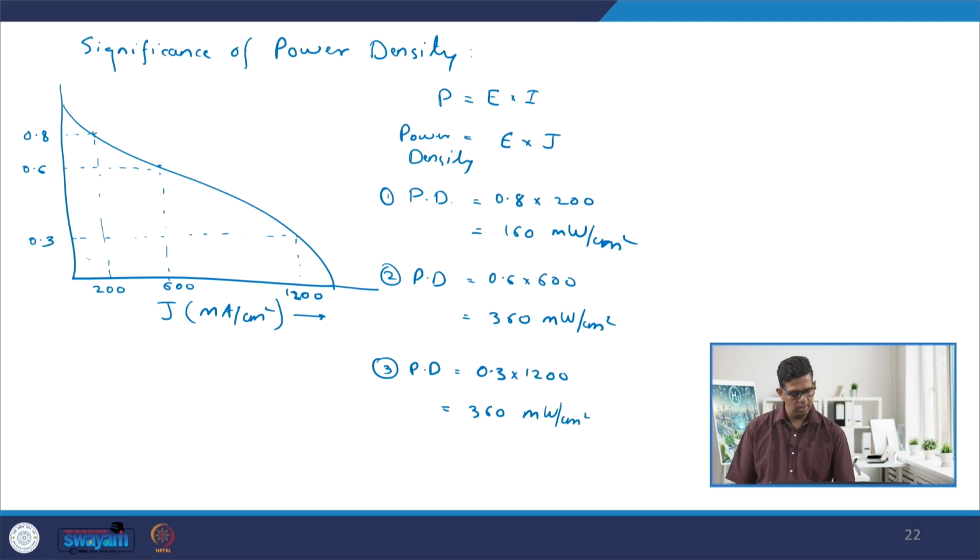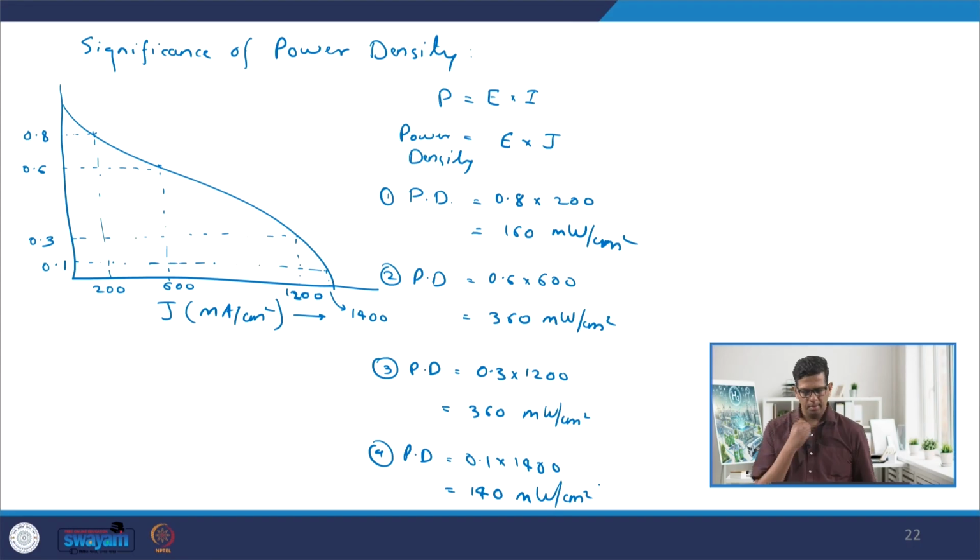Let me take another point at 0.1, with current density 1400. My fourth point will be 0.1 times 1400, so that is 140 milliwatt per centimeter square.